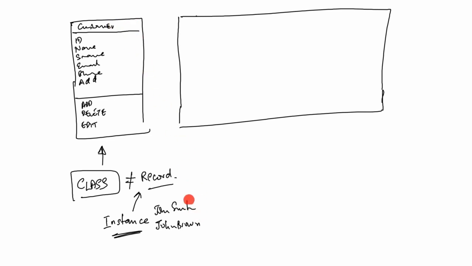But John Smith is different from John Brown, and how you know they are different is your ID or your primary key. So every ID is an instance of that class.